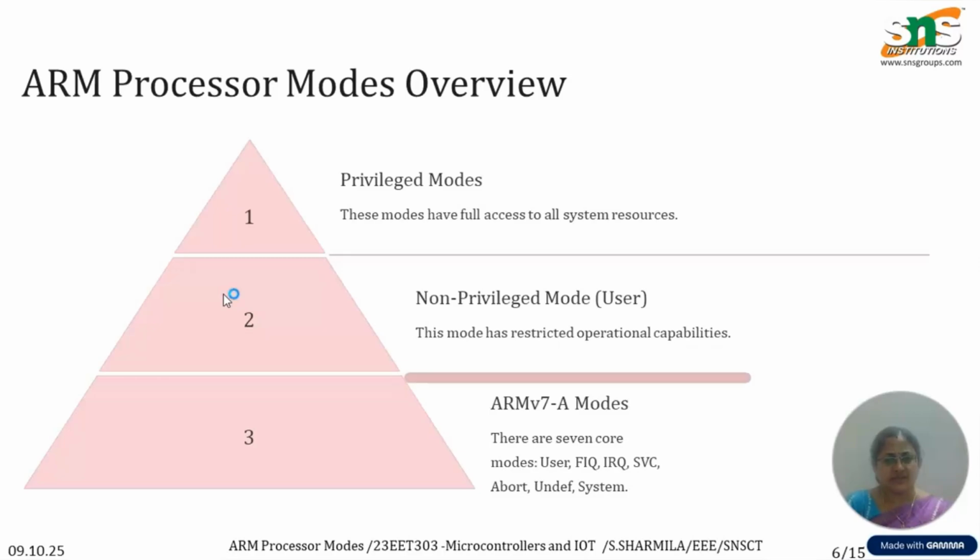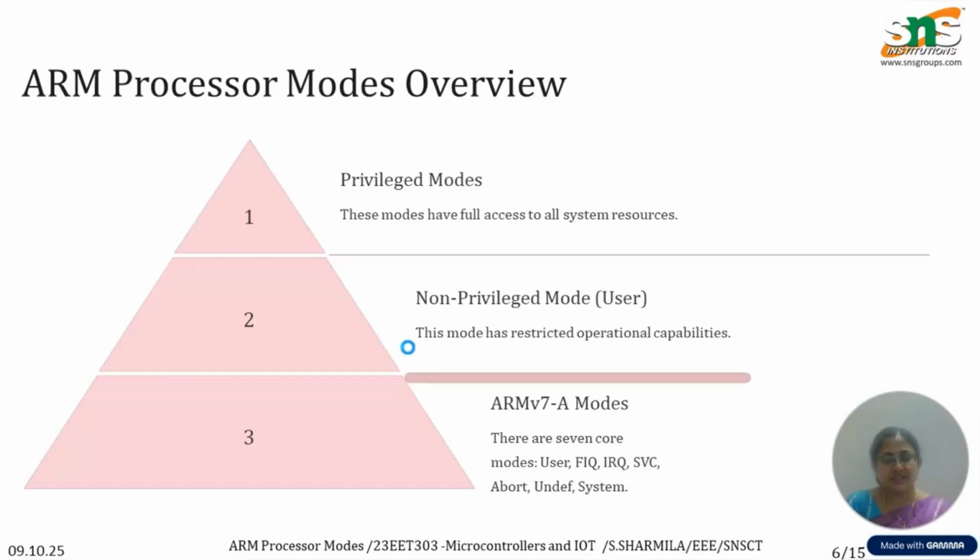The first is the privileged mode, which has full access to all system resources, and the second one is the non-privileged mode, known as user mode. In the ARM 7A profile, there are 7 core modes, that is user, FIQ, IRQ, supervisor, abort, undefined and system modes.